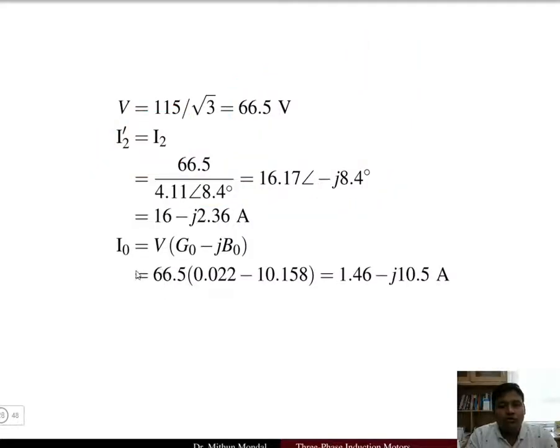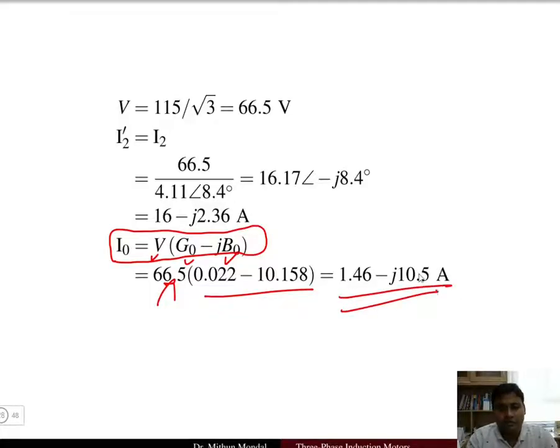So here we will be getting the current I0, that is the no load component of the current in the shunt branch, which is basically the voltage multiplied by the conductance minus j times the susceptance. So if you substitute the value of the voltage, which is 66.5, and the values of G0 minus jB0, we get the value of the current I0.